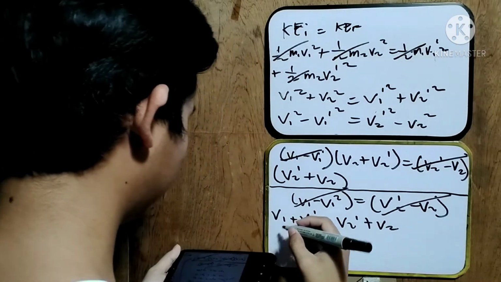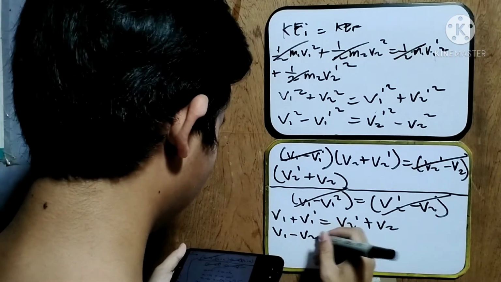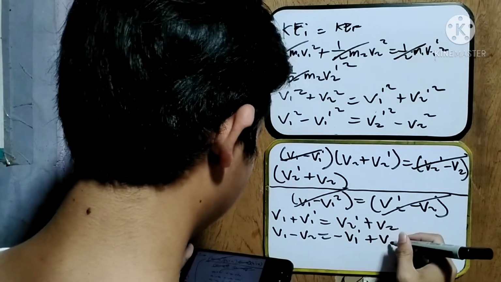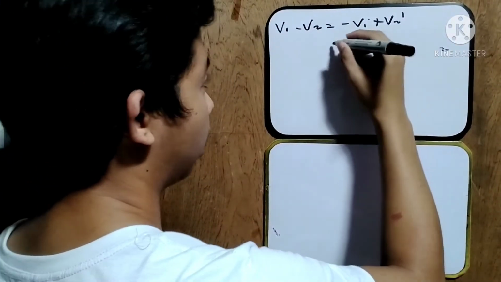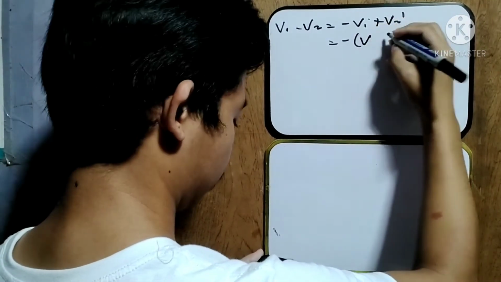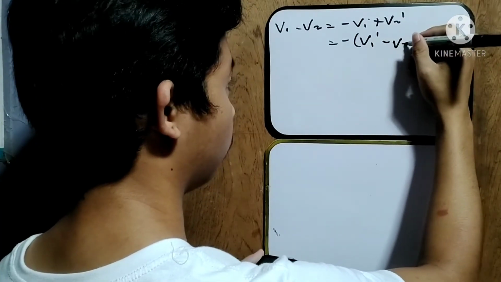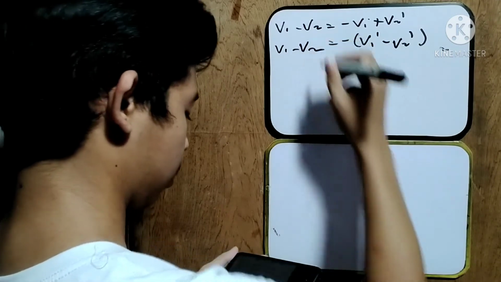So, lilipat-lipatin lang ulit natin. Negative V1 prime plus V2 prime. So, lalabas lang natin negative V1 prime minus V2 prime. V1 minus V2.